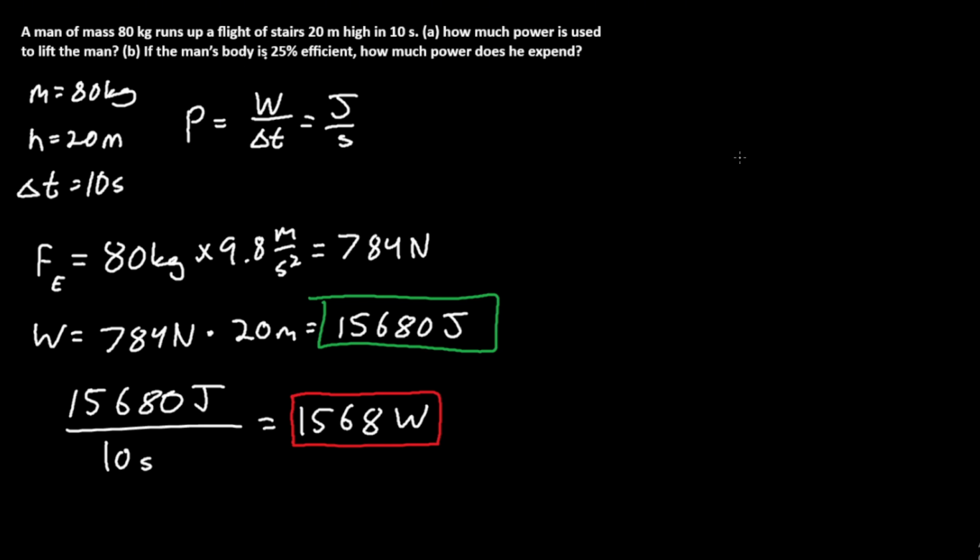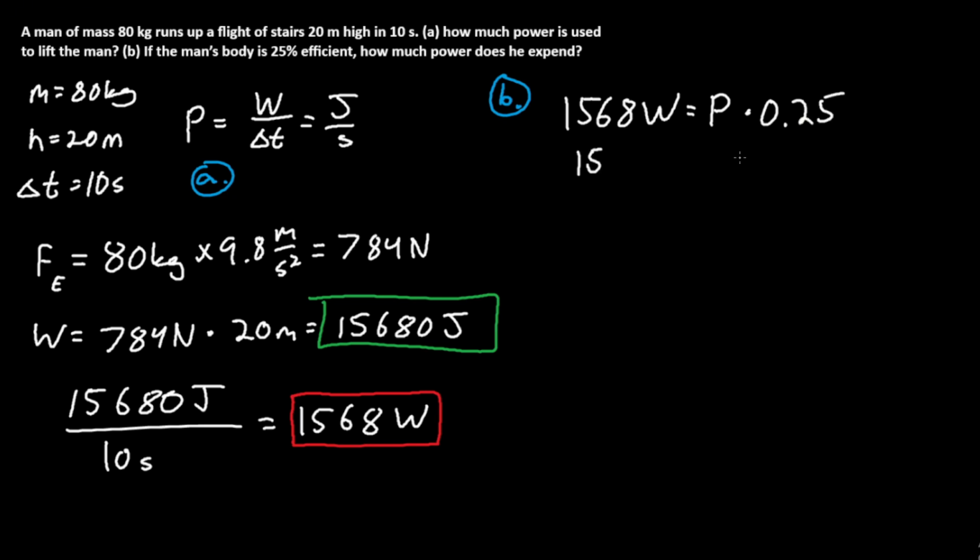So 25% of the actual power you're exerting goes into the activity. So if 1568 watts is needed, that is just 25% of the total amount of power exerted by the person. That means, actually I'll put parts, this is A, this is B, 1568 watts is just equal to 25%, so 0.25, of the total power.